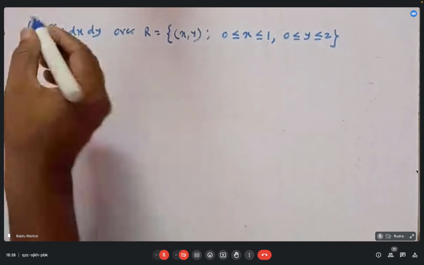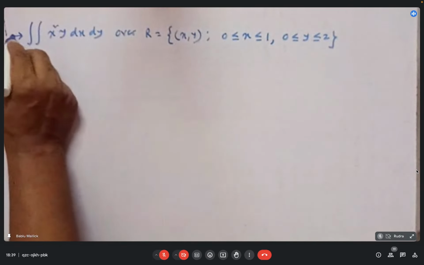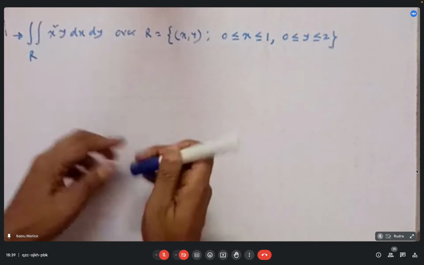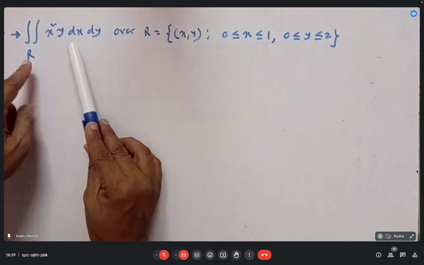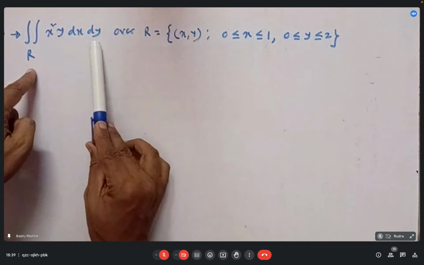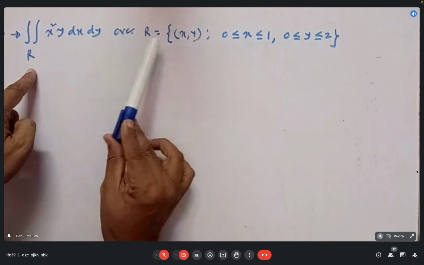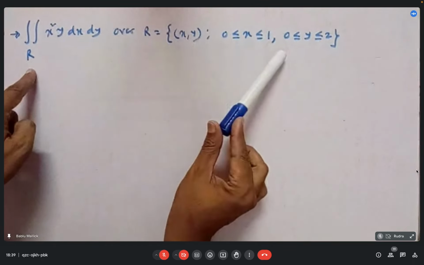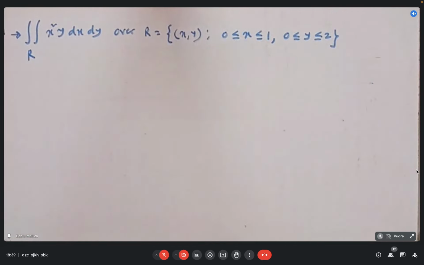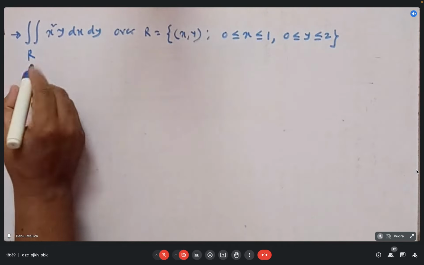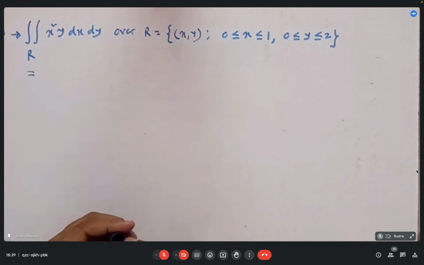This is equal to the double integration over R of x square y dx dy over R. We shall write it in this way.